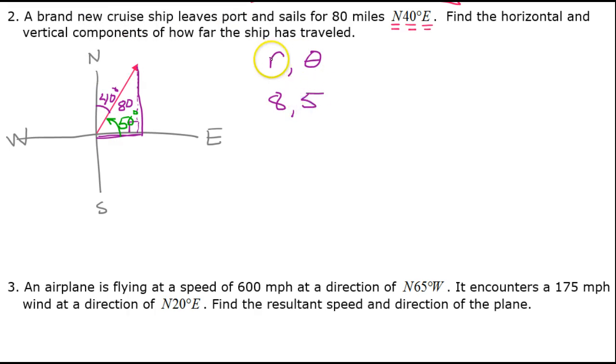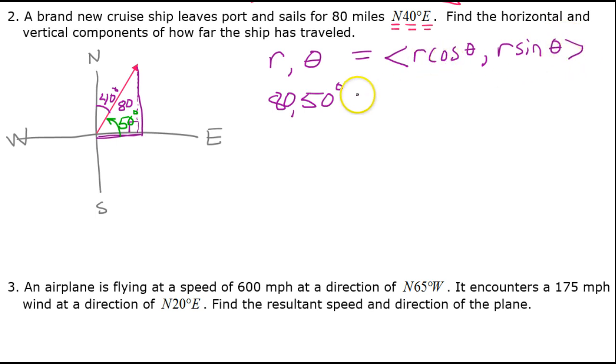All right, so I've got r and theta. The magnitude is, I put 8, I meant 80. The magnitude is 80, and the direction is 50 degrees. Now I'm breaking it down this way because given r and theta, magnitude and direction, the component form of a vector is going to be r cosine theta, comma r sine theta for the horizontal component and the vertical component.